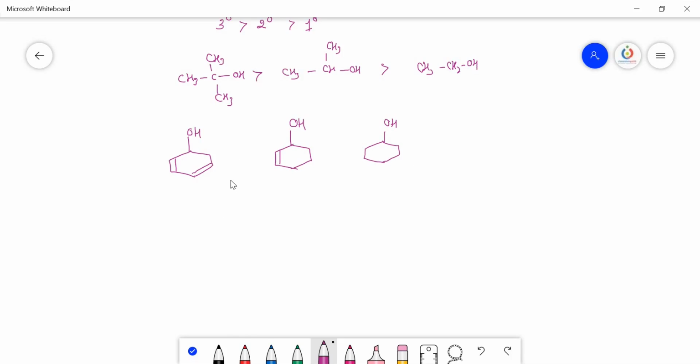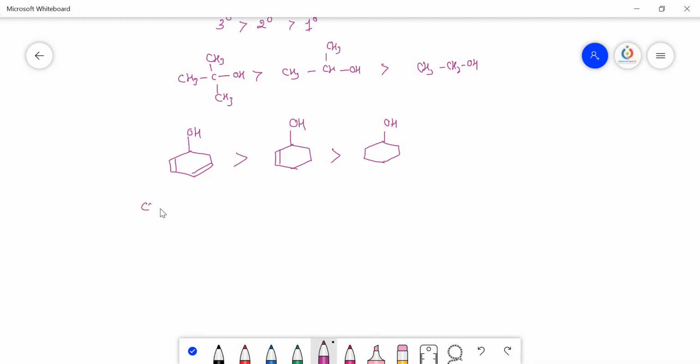So these are all different alcohols. When there is a conjugation in the alcohols, and after the loss of the H2O molecule, if a new conjugation is going to develop, then that particular alcohol can easily lose the water molecule. So here it can easily lose the H plus and OH, so that a benzene molecule can be formed. Later here isolated alkenes, and here normal alkenes.